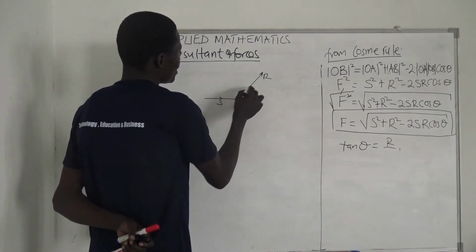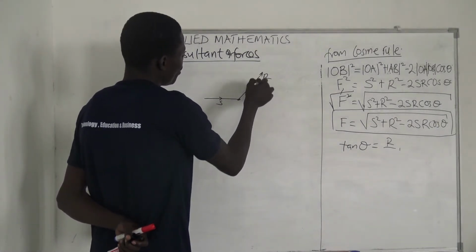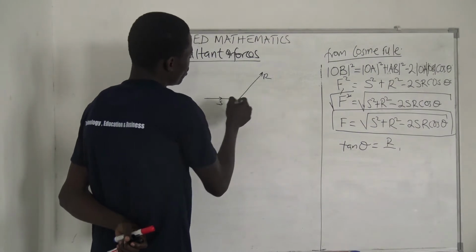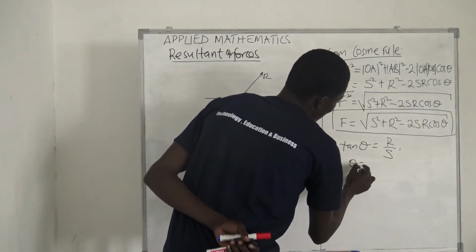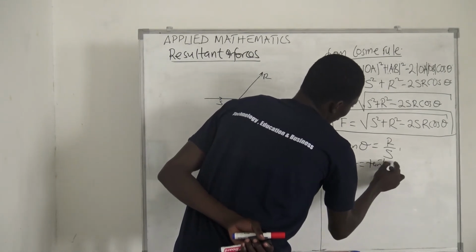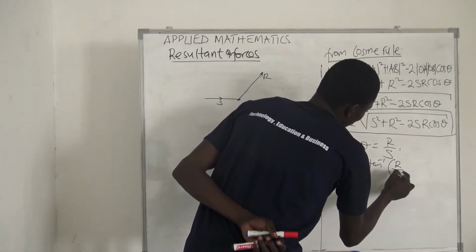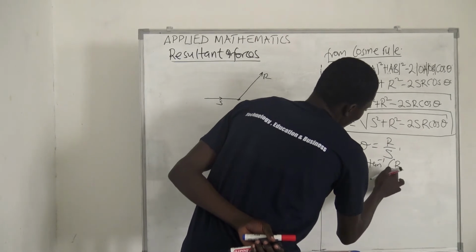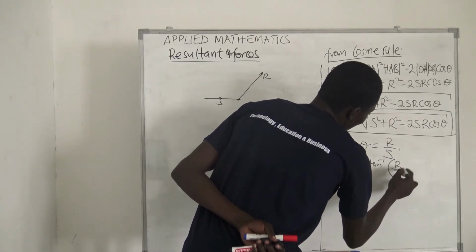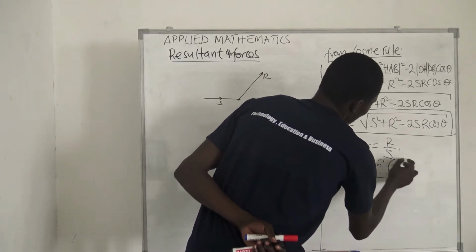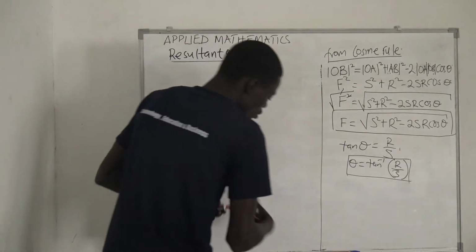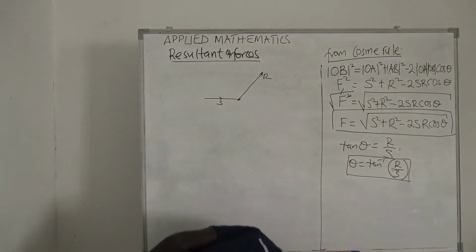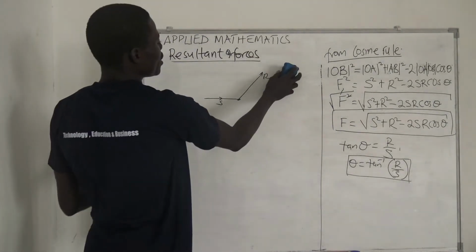The angle can come in vertical, so it is opposite over adjacent, which is R over S. So our angle is given by tan inverse of R over S. That's how we shall be calculating the angle for all the forces.